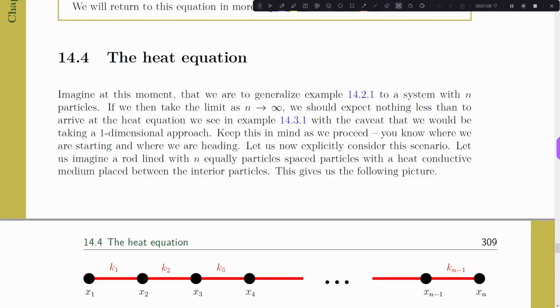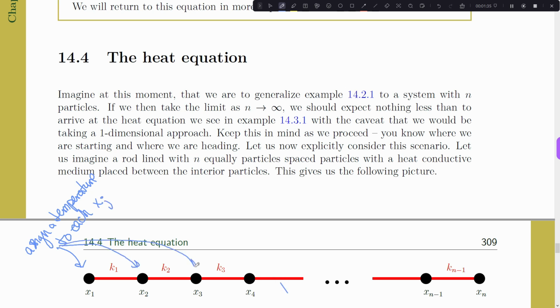What do we actually want to do with this bar? Because it's just a bar that I've decided to call a bunch of different pieces, x1 through xn. What I want to do is assign a temperature to each xj. By each xj, I mean each node.